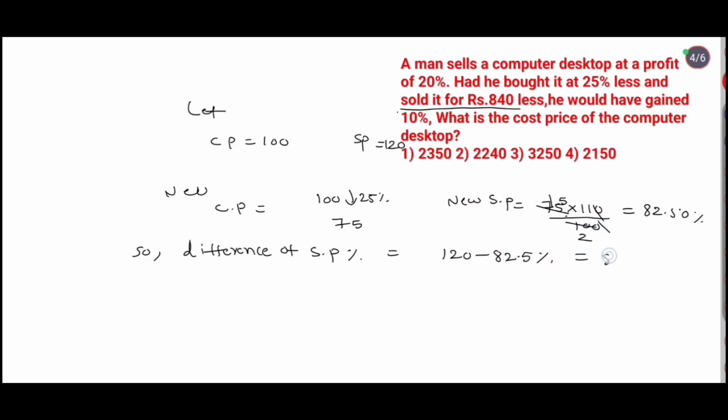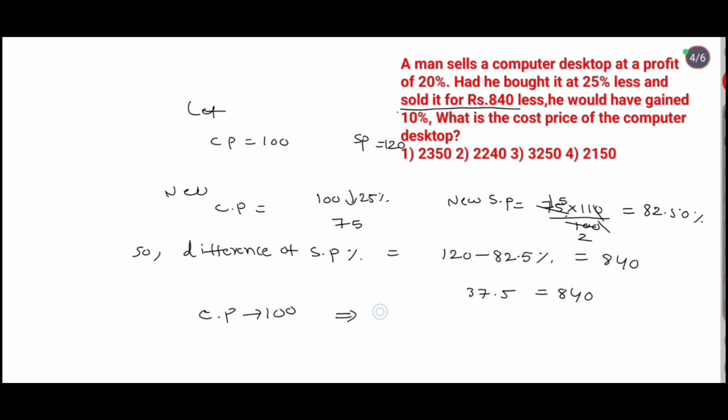Clearly, 37.5 percent. This is the 840 less. 37.5 percent is equal to 840. Sold it for 840 less: the difference between the first and second selling price, the old and new selling price.